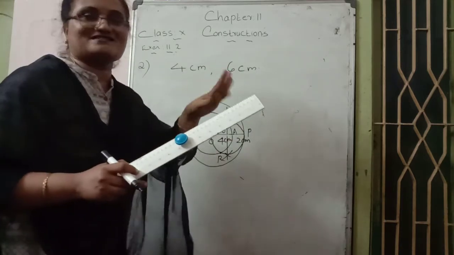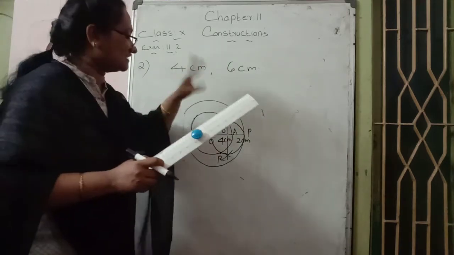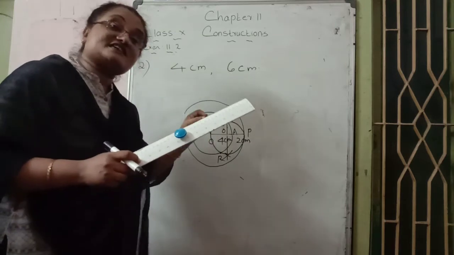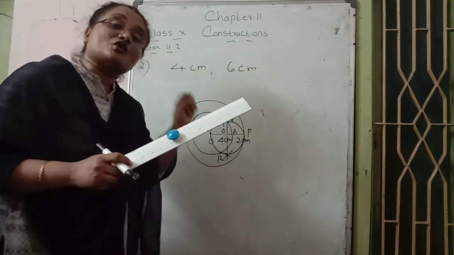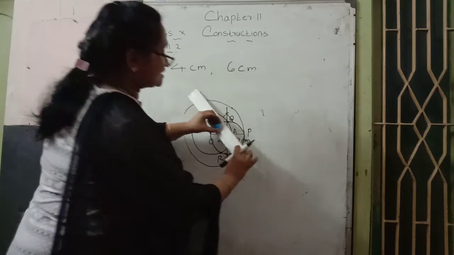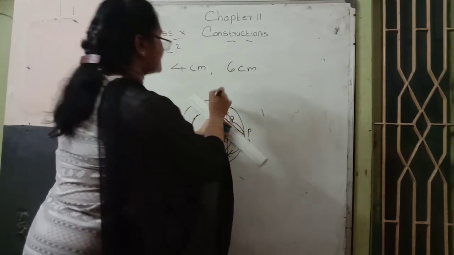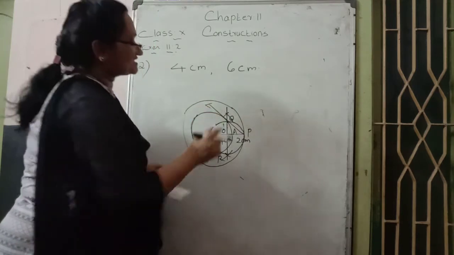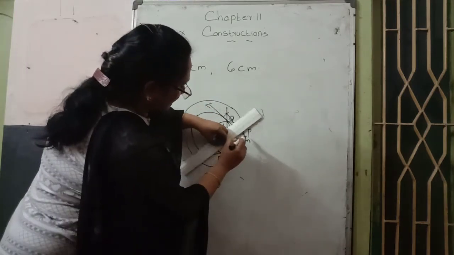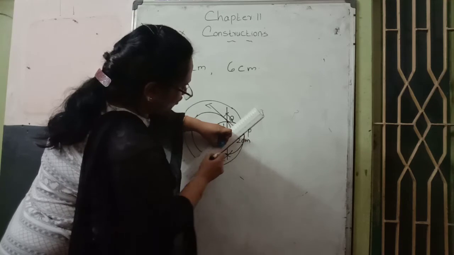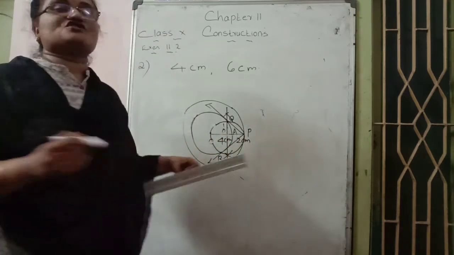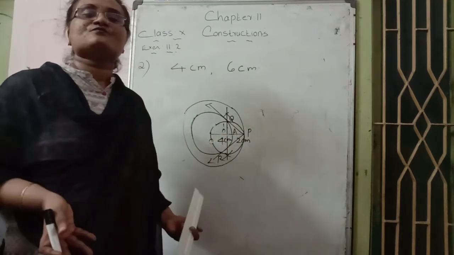The outer circle is one circle; don't bother about that one, leave that part. They are asking to draw a tangent for the first circle. That's why, from P, the first and third circles intersect at 2 points, which we mark. So PQ and PR are the 2 tangents for the first circle. That much of the construction is completed.